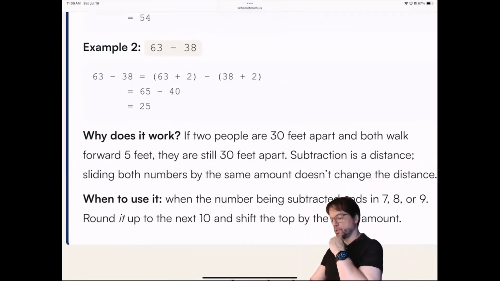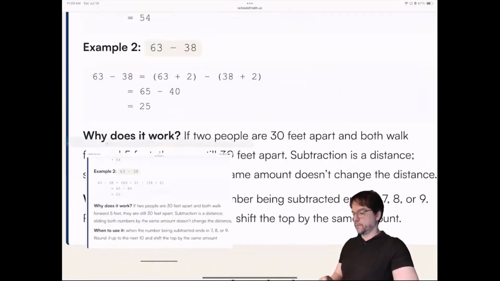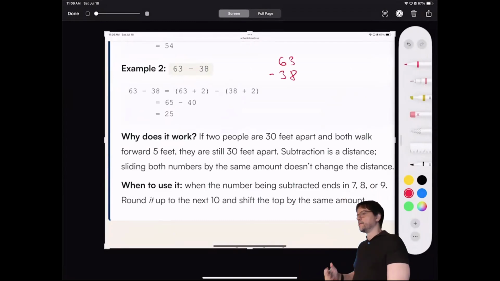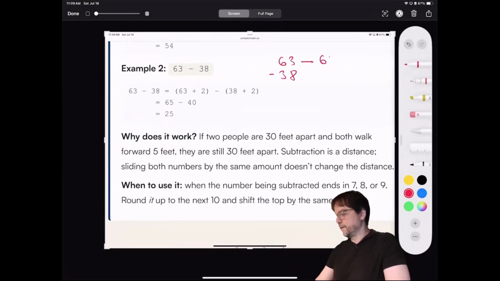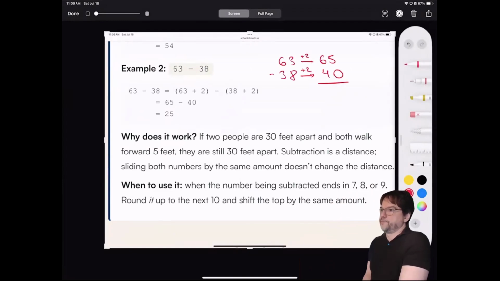25. I will do it as mental math. Let's see the technique. 63 minus 38. For 63, I will add 2, 65. Why? Because I will add 2 to 38, it's 40. My God, much easier.